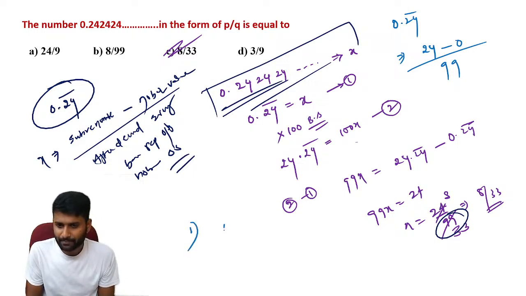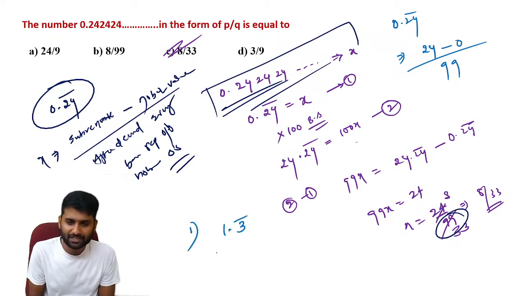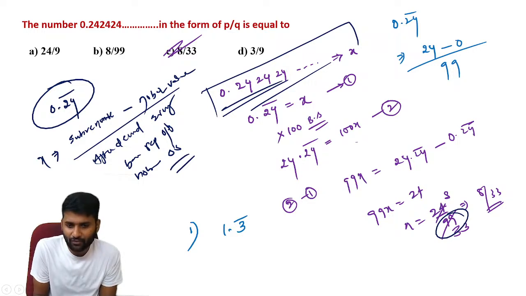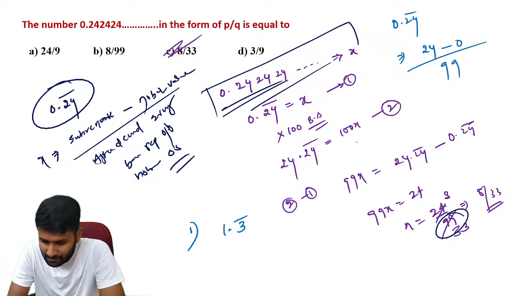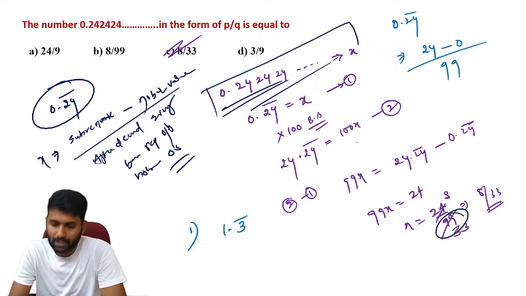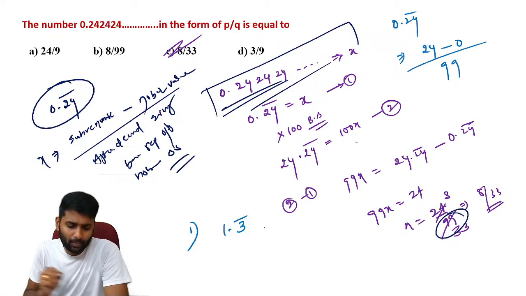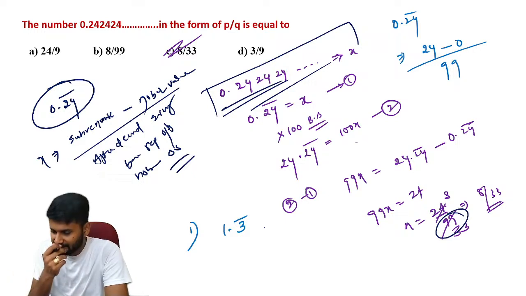Let's try this question: 1.3 bar. Can anyone tell me the exact fraction of 1.3 bar? Identify the fraction value. 1.3 bar means 1.33333, where 3 is repeated infinitely.